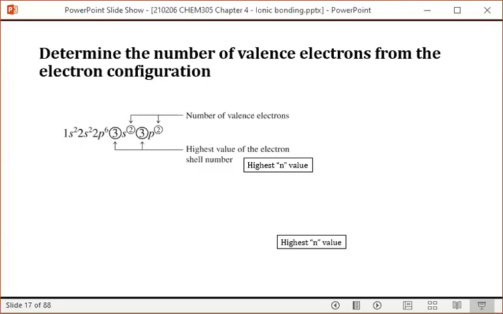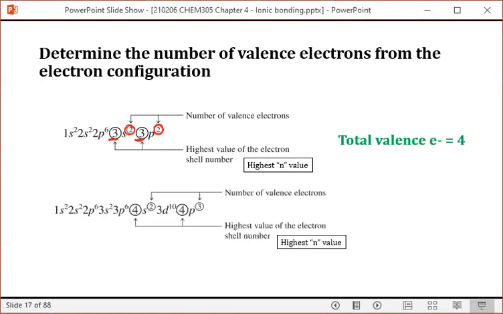So if we circle the highest n values in our configurations, here we have an n of 3, 3s2, and here we also have an n of 3, 3p2. So all of the electrons in these highest n value orbitals are the valence electrons. So we have 2 valence electrons in the 3s subshell, and we have 2 valence electrons in the 3p subshell. So that means altogether, we have 4 valence electrons.